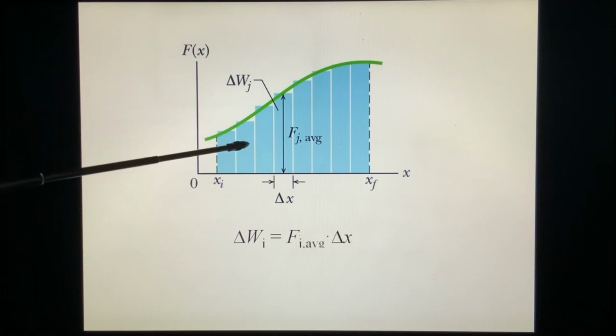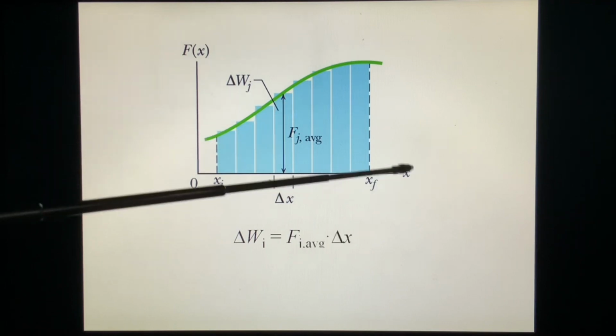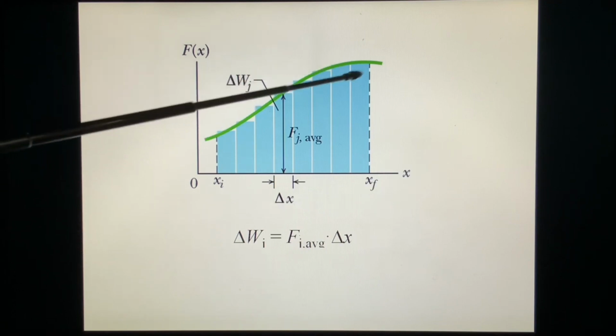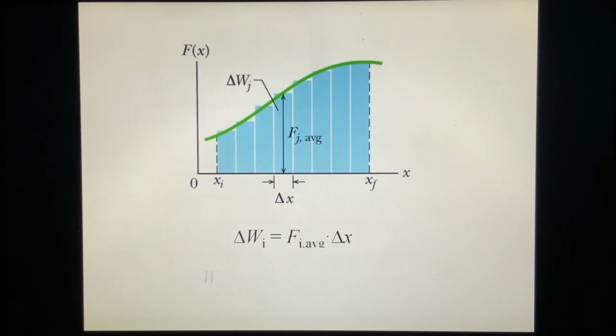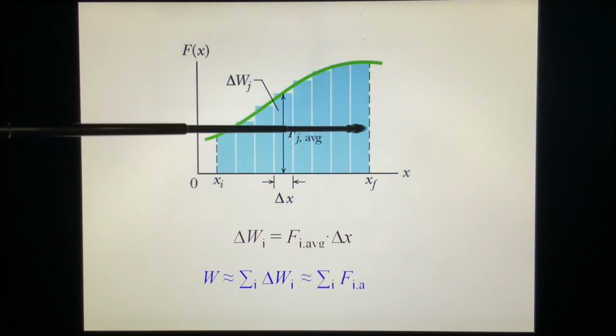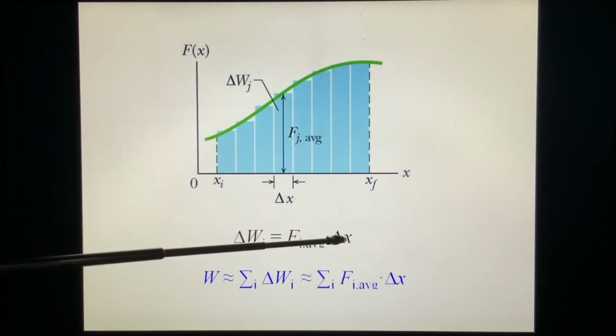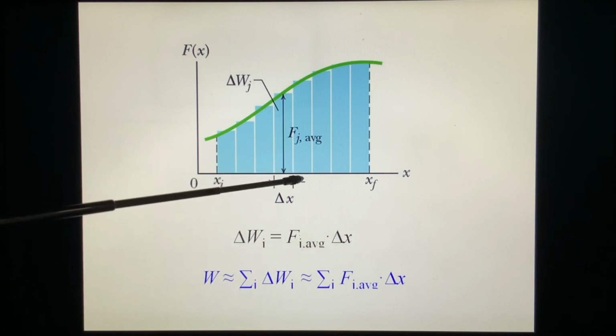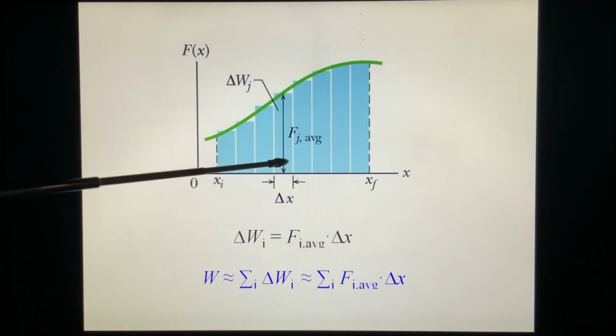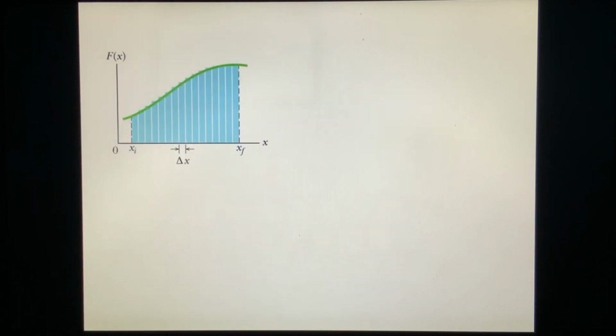And we put all these strips together. That approximately equals this area. When delta x approaches 0, very narrow, this average is exactly equal to F(x).